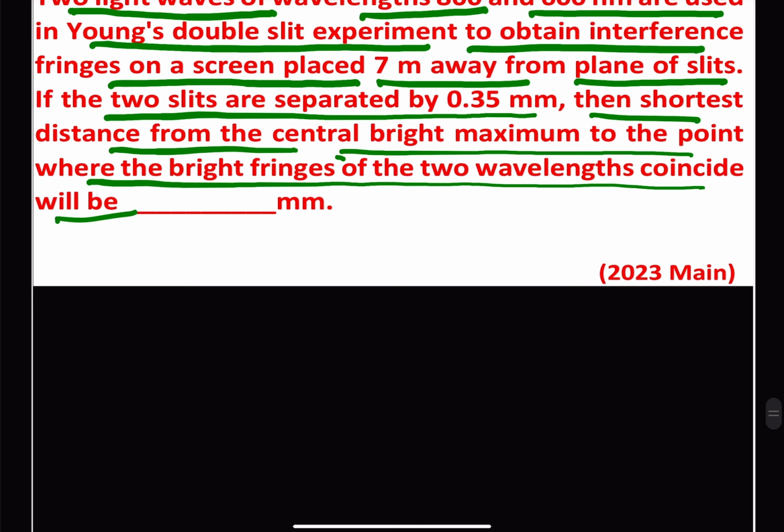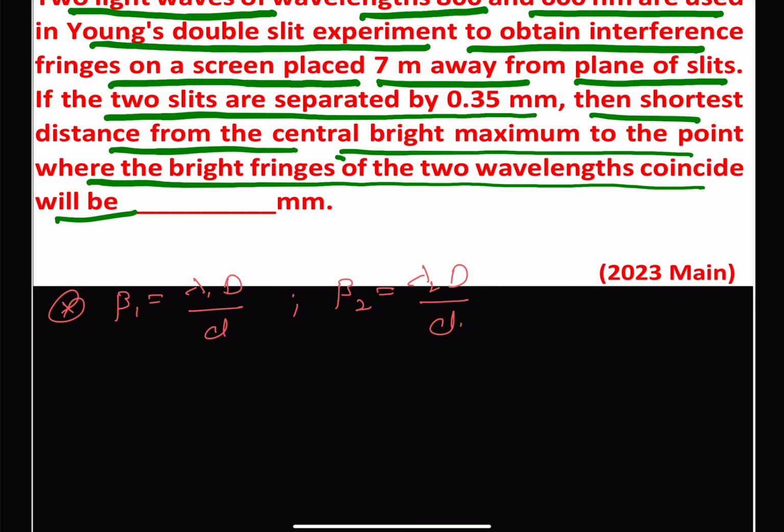So we know that we have two wavelengths. Let us call beta 1 equal to lambda 1 capital D by small d, and beta 2 equal to lambda 2 capital D by small d.